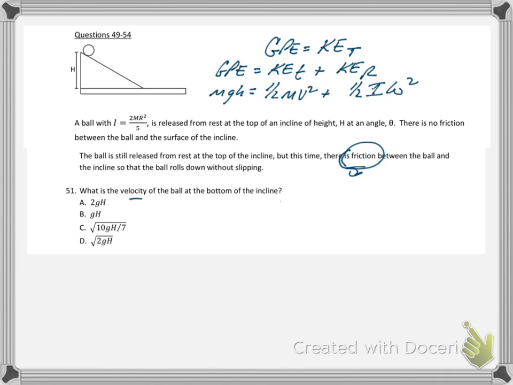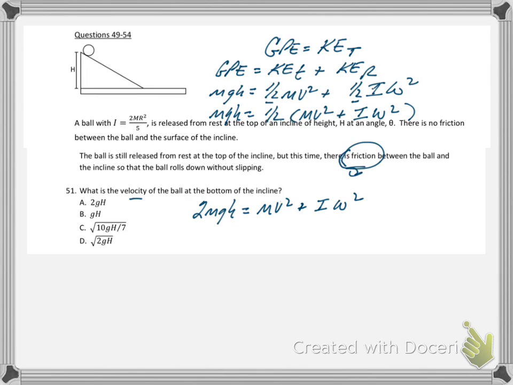Since 1/2 is common to both of these terms, let's factor out the 1/2. mgh equals 1/2 times quantity mv squared plus moment of inertia times angular velocity squared. And then we could multiply both sides by 2 to get rid of the 1/2, and we would have 2mgh equals mv squared plus moment of inertia angular velocity squared.